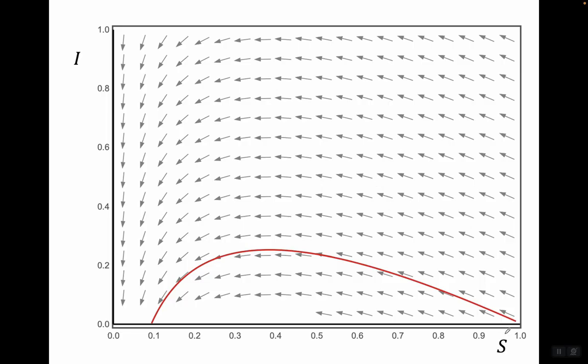So this, again, is the S-axis, the susceptible, and this is the I-axis. You start out with almost everybody susceptible, and then over time, fewer people are susceptible. Notice eventually you get quite a few people infected, but then eventually it dies down.